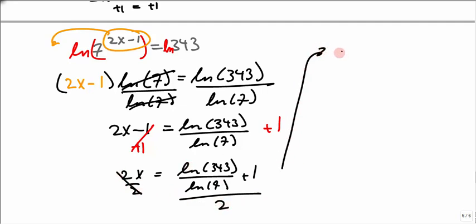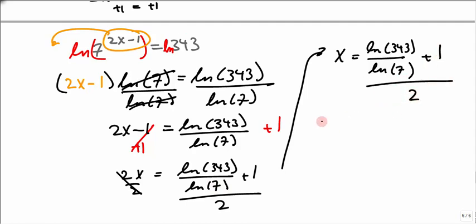So I get x equals the ln of 343 divided by the ln of 7. It doesn't look like a 7, so let's fix that. Plus 1, and then all of this is over 2.